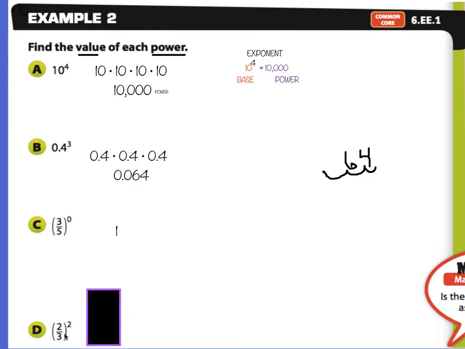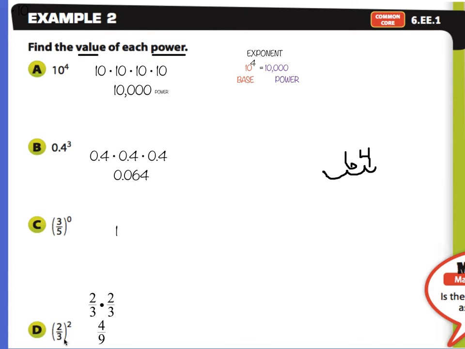Now we have 2/3 squared. This is where you have to remember how to multiply fractions. So you have to do 2/3 times 2/3. Remember, you multiply across the top and across the bottom, so you would get 4/9. Okay.